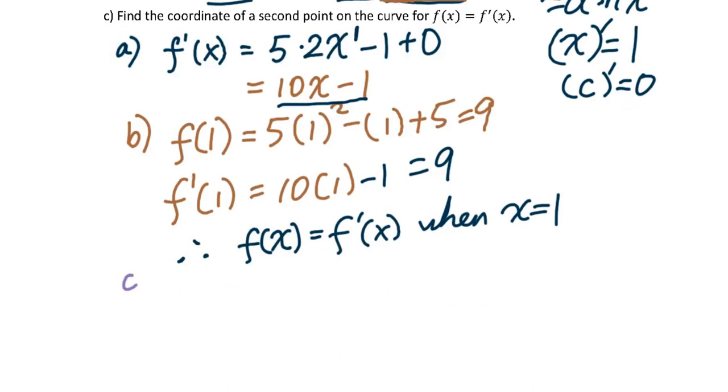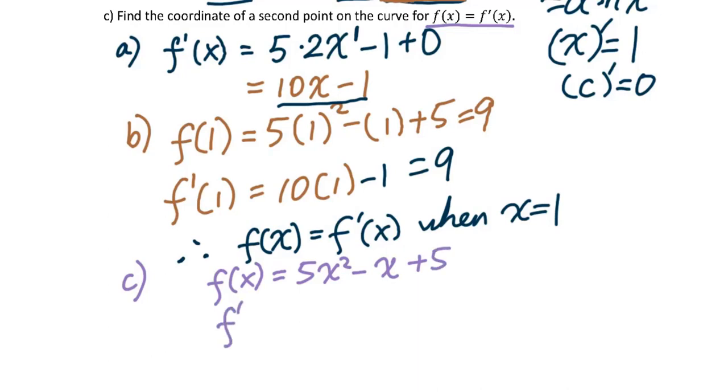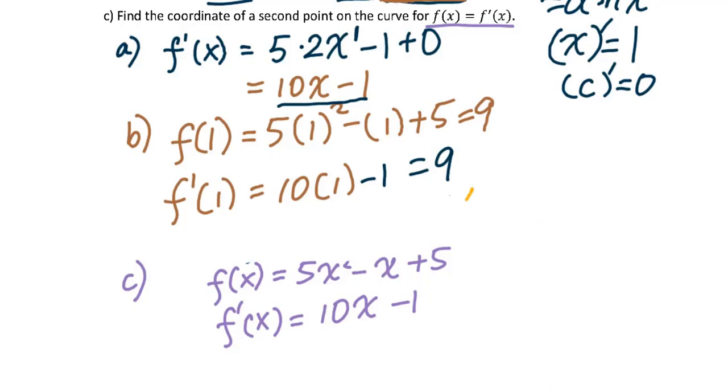Let's go to C. Find the coordinates of a second point on the curve where f of x equals f prime of x. We know that f of x equals 5x squared minus x plus 5. F prime of x, we already figured out, is 10x minus 1. So we set these two equal: 5x squared minus x plus 5 equals 10x minus 1.